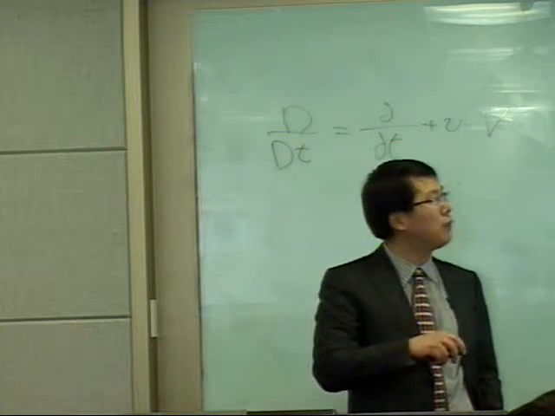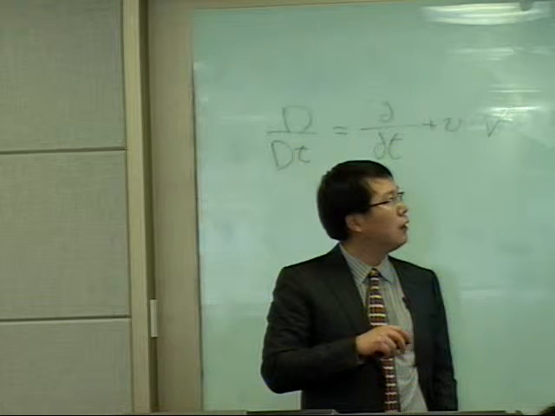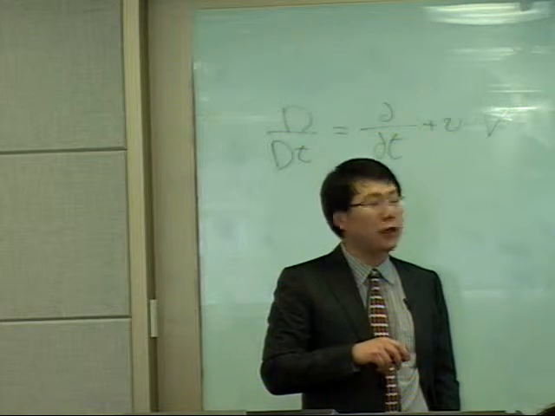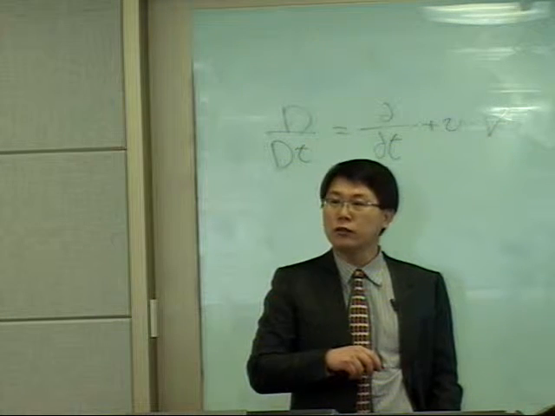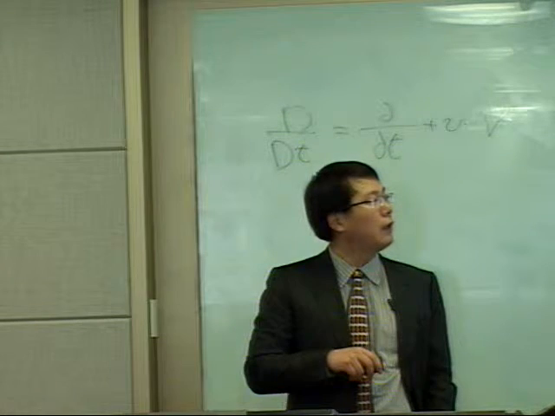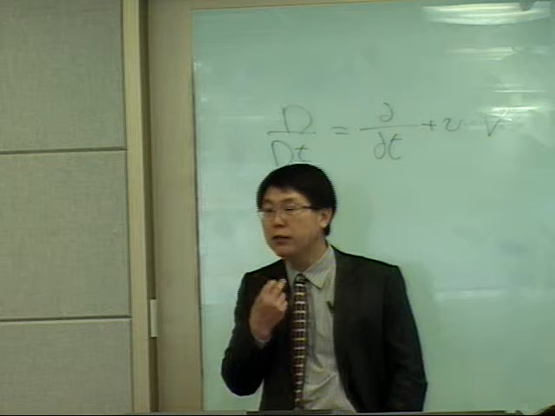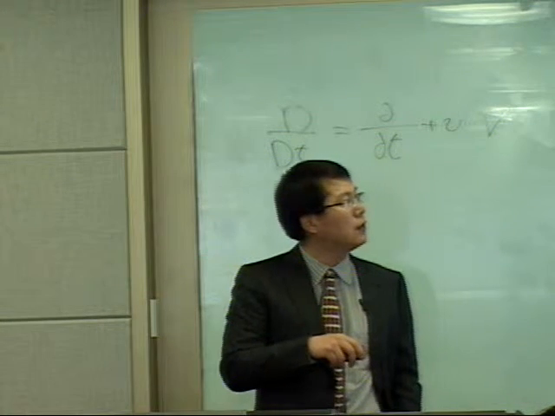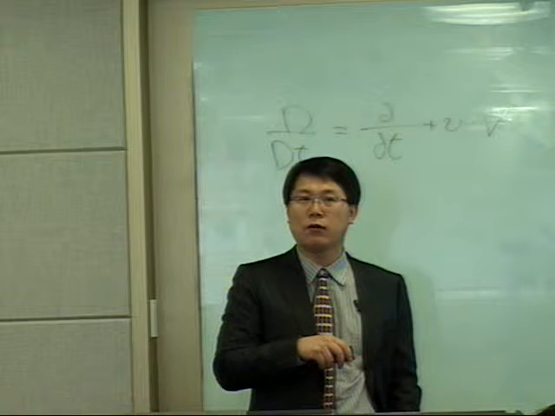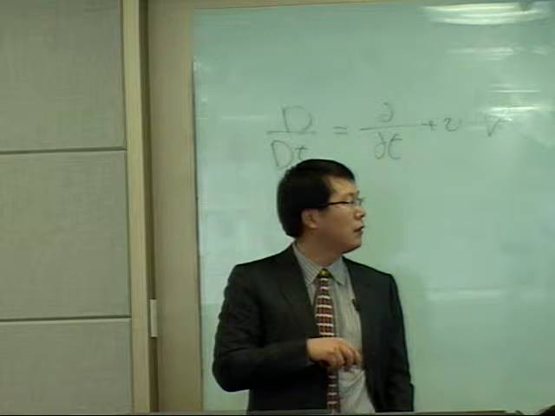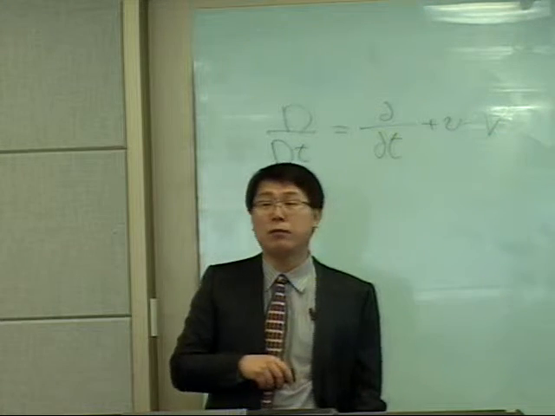So the general form is that the change in internal, potential, and kinetic energy is equal to heat conduction and the energy input through the surface plus the viscous dissipation. But this equation is not useful in terms of engineering application. Why?